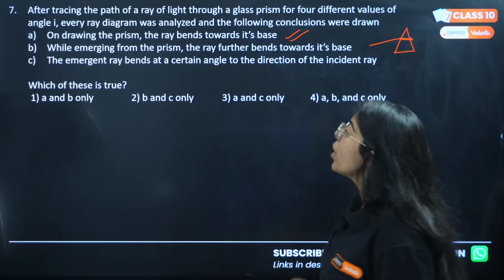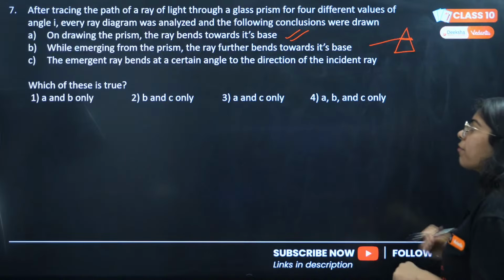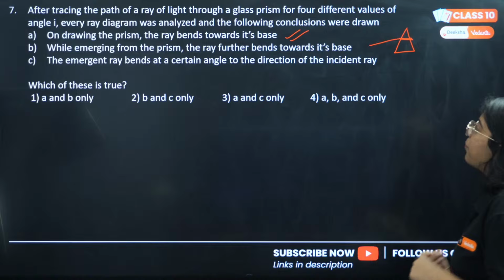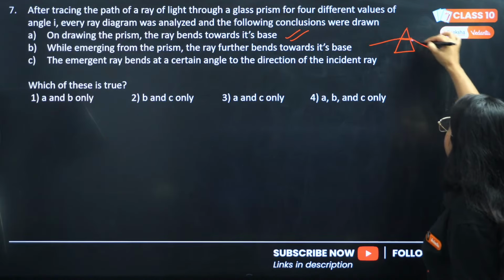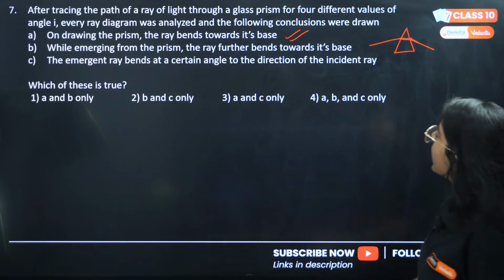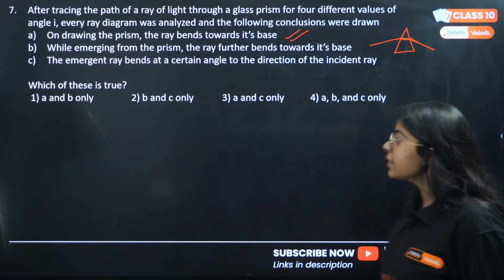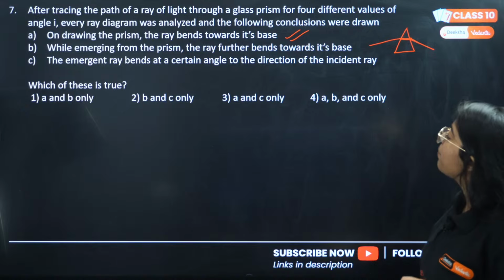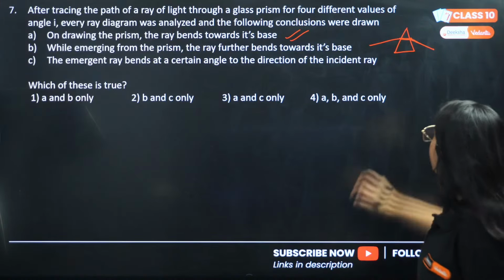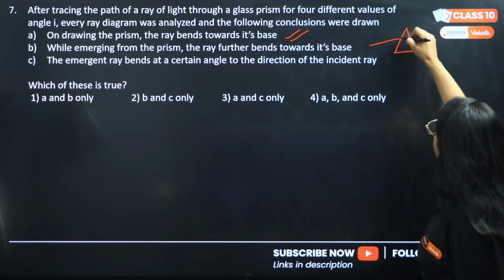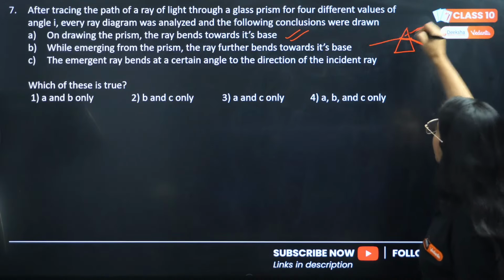B: while emerging from the prism, the ray further bends towards its base. C: the emergent ray bends at a certain angle to the direction of the incident ray.